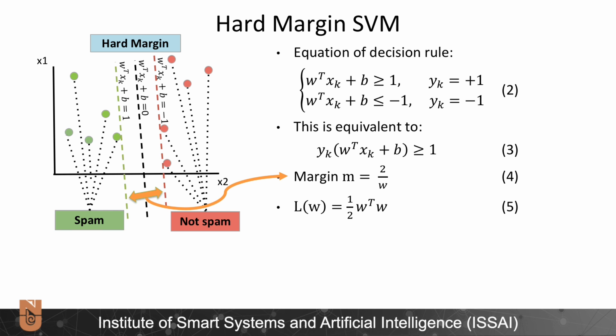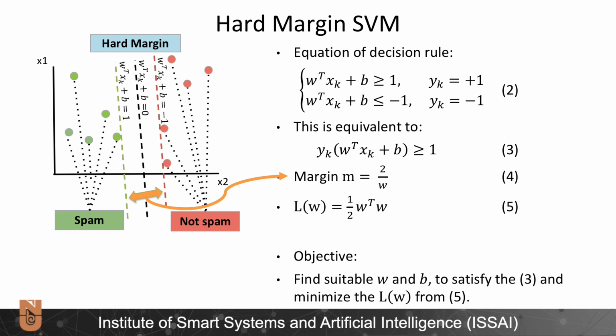Or for mathematical convenience, we want to minimize the square of ||w|| divided by 2, which is L of w in equation 5. The objective function of the SVM is finding suitable w and b that satisfy equation 3 and minimize L of w from equation 5.